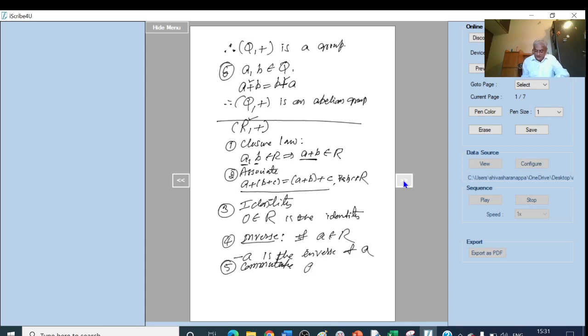That is here A plus B is equal to B plus A is satisfied. This is true for all A and B belongs to R. So therefore here all the conditions are satisfied. All the 5 axioms are satisfied. Therefore we say that R comma plus is an abelian group.